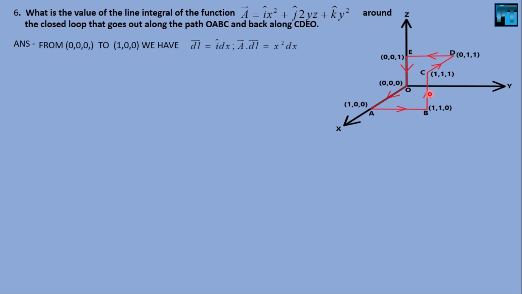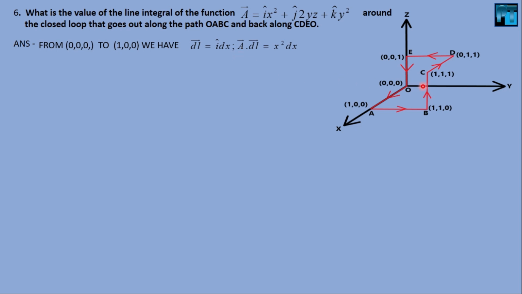Now for path OA, 0 0 0 to 1 0 0. So what is changing? Only x is changing, the others are 0. So dl equals only i cap dx. Generally we know that dl equals i cap dx plus j cap dy plus k cap dz for a 3-dimensional vector.